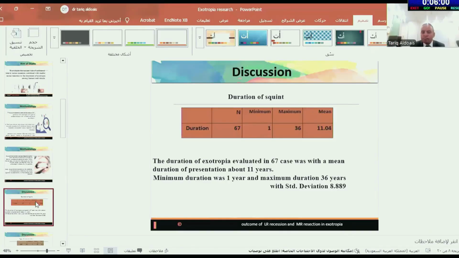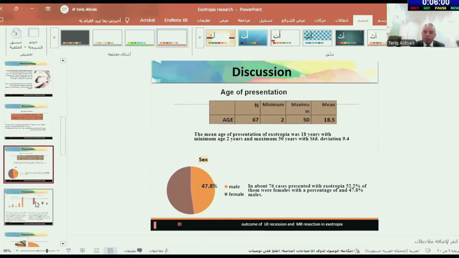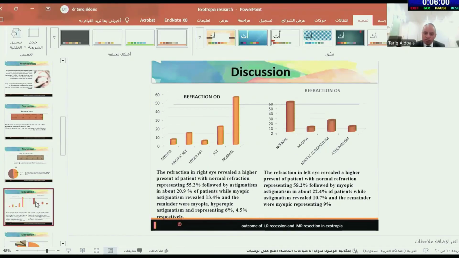The mean duration was 11 months. Age of presentation was a minimum of 2 years and a maximum of 50 years. Refraction revealed a high proportion of patients with normal refraction, 55%, followed by astigmatism in about 20%.